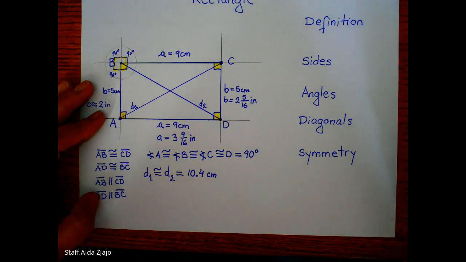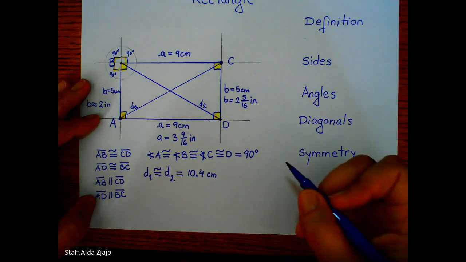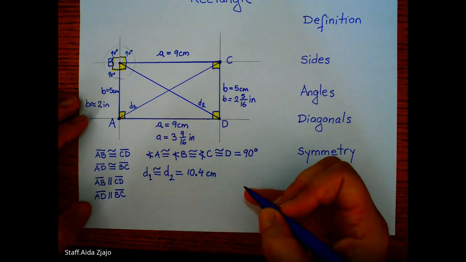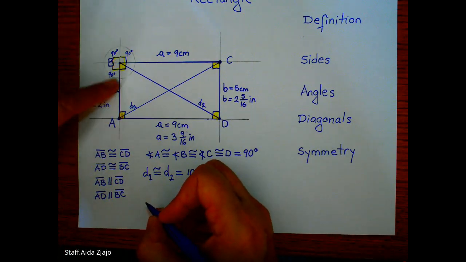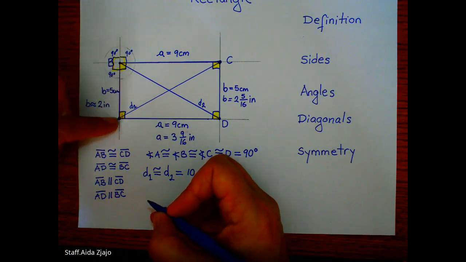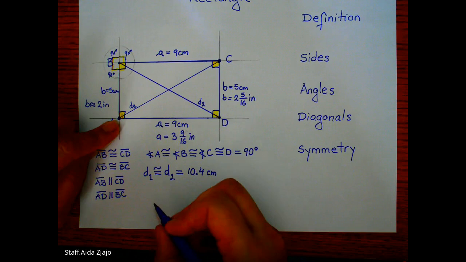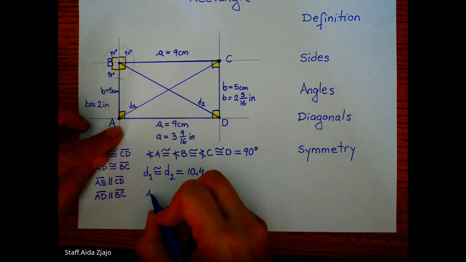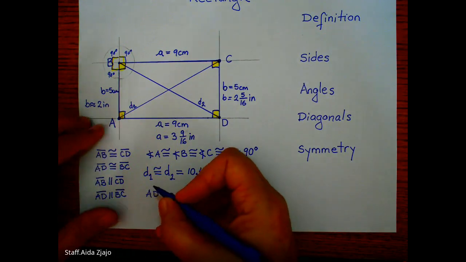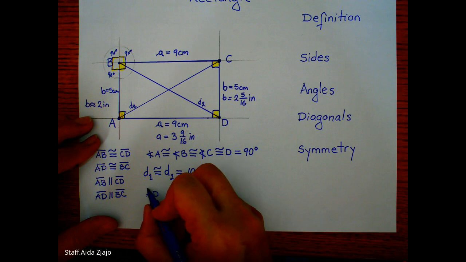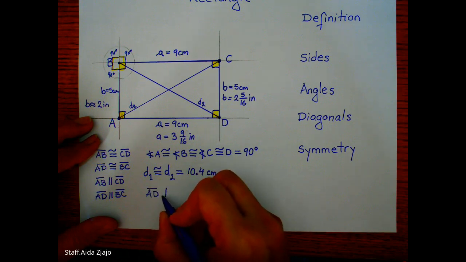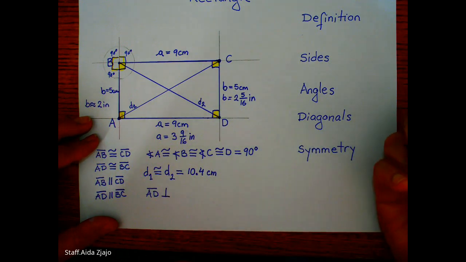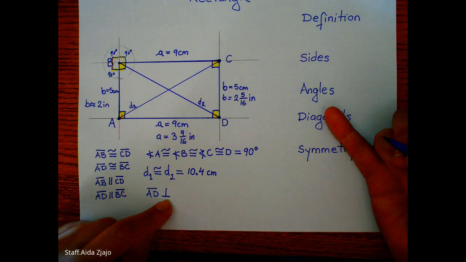We didn't label perpendicular line segments yet. An upside down T is the symbol for perpendicular lines or line segments.